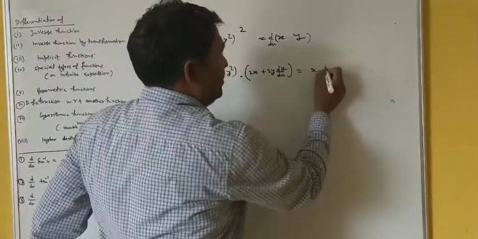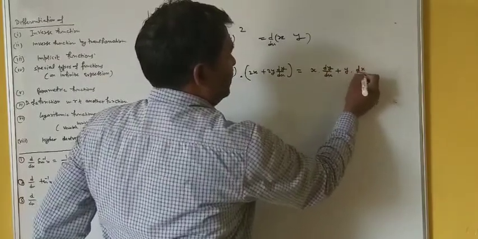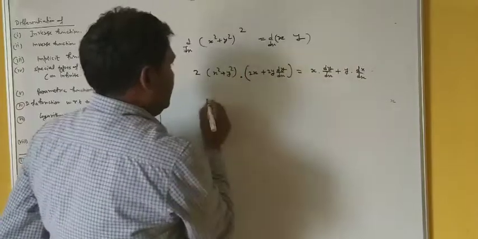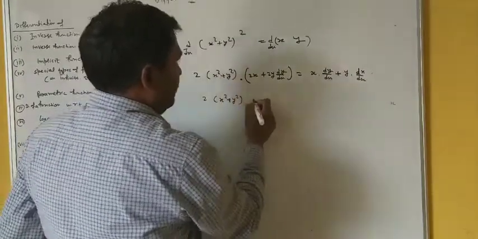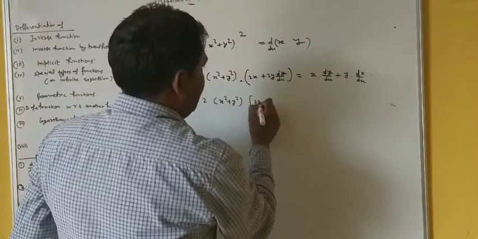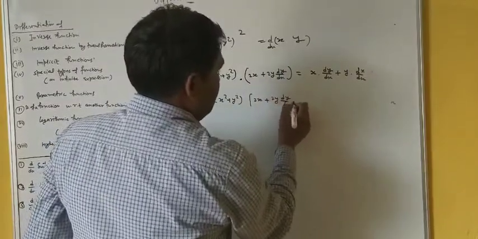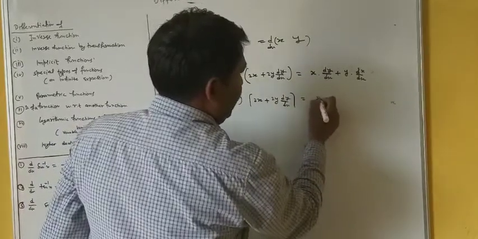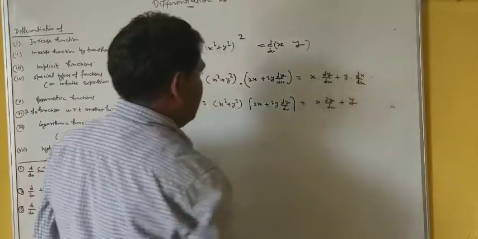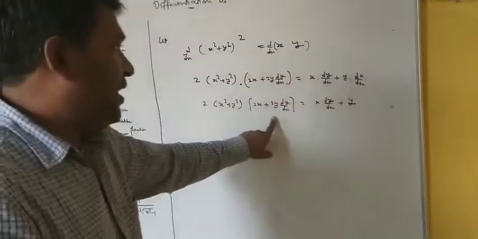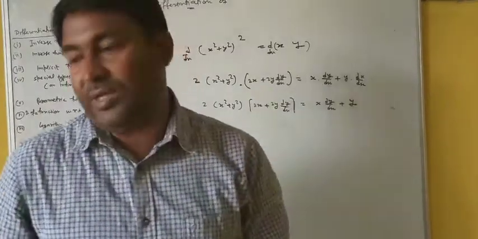So first function into differentiation of second one plus second function into differentiation of first one. So 2 into x square plus y square into 2x plus 2y dy by dx is equal to x dy by dx plus y. Now you can separate dy by dx and find the values.